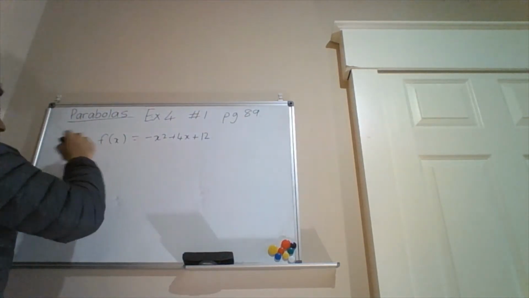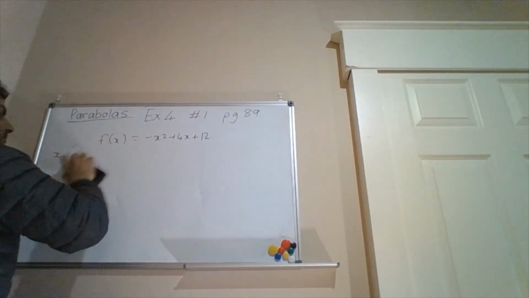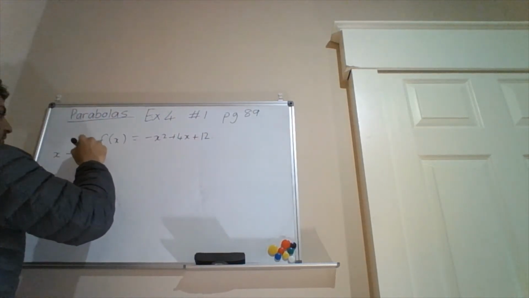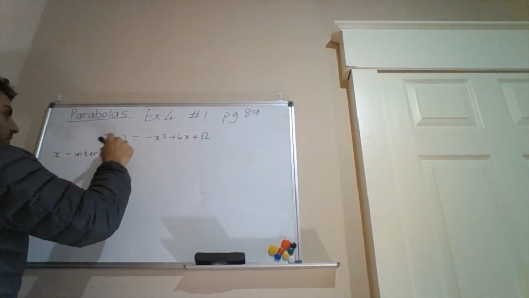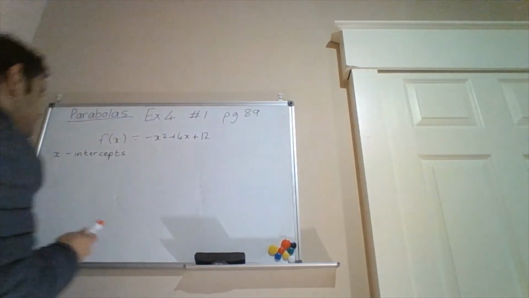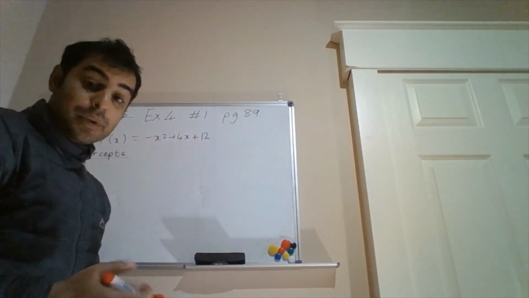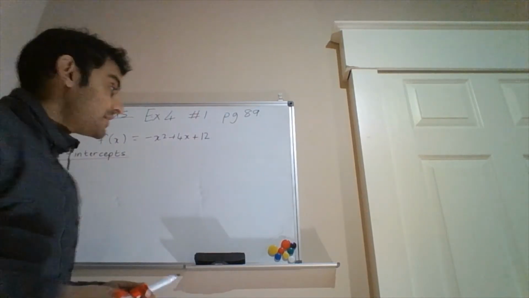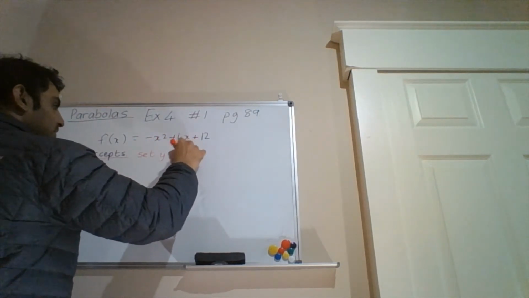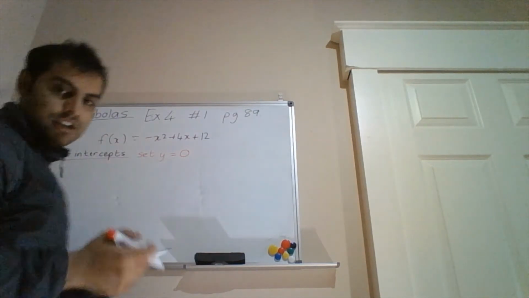Okay, so I'm going to start off by finding the x-intercepts. So what do we do whenever we're finding x-intercepts? We set y equal to 0. So f of x and y are the same thing.